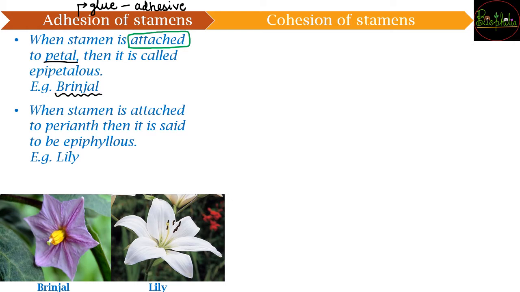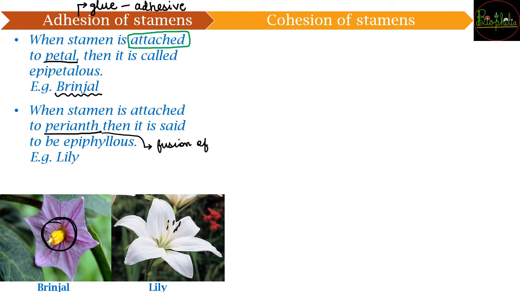So you can see in the photograph how the adhesion of stamens can be seen with the petals. And then if the stamens are attached to the perianth, let's revise what a perianth was. I had told you the perianth is the fusion of two whorls.